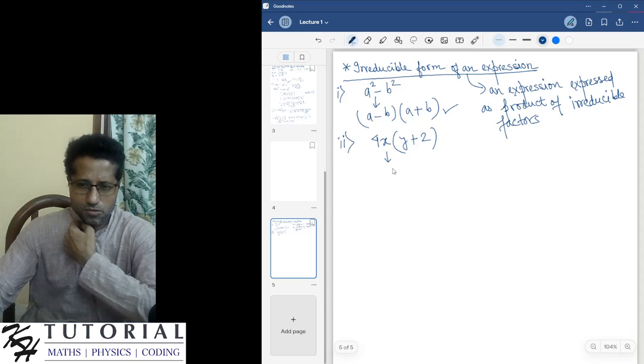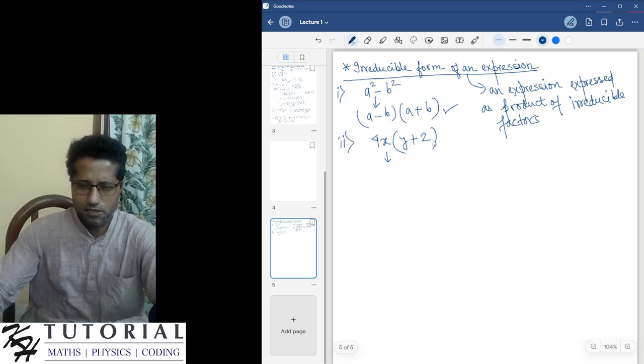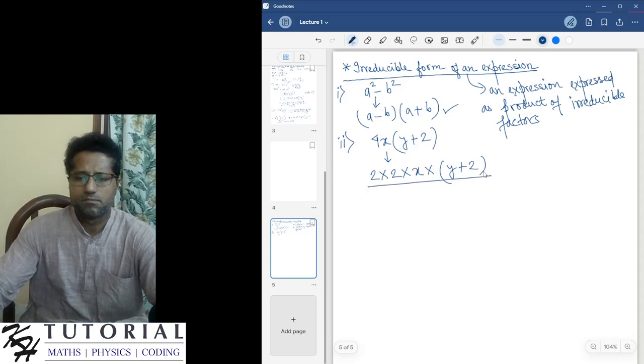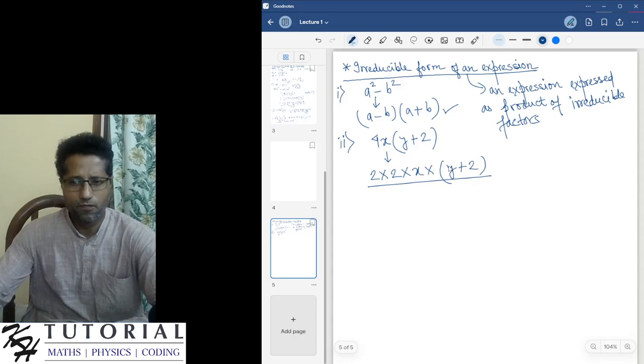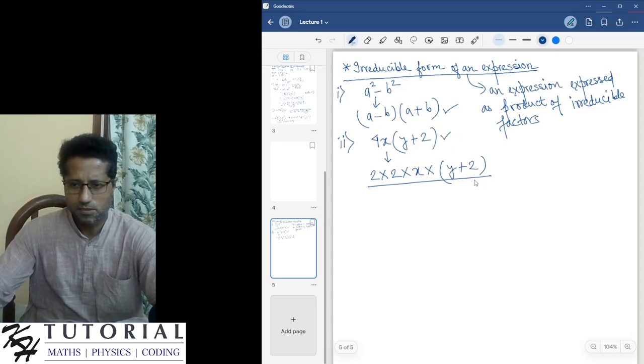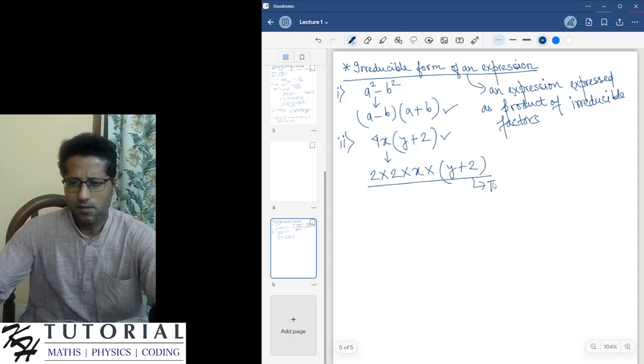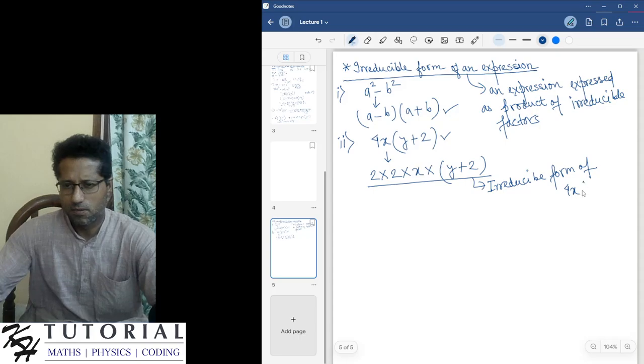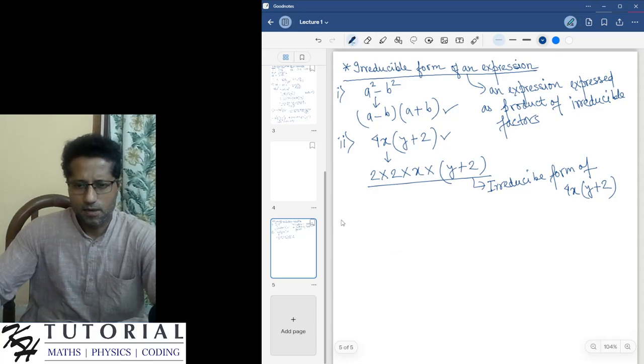So the irreducible form of this algebraic expression will be 2 multiplied by 2 multiplied by x multiplied by y plus 2. Now this is the irreducible form of 4x multiplied by y plus 2. Okay, let's take another example.